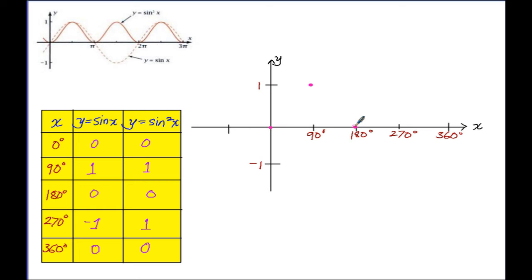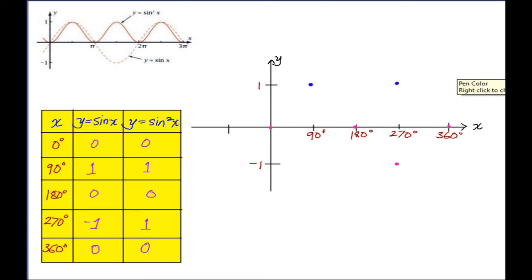Then for 270 we have positive 1 for sine squared of x, but negative 1 for sine x, and then 360 is 0. Let me just convert this into blue. This is for the sine squared of x.